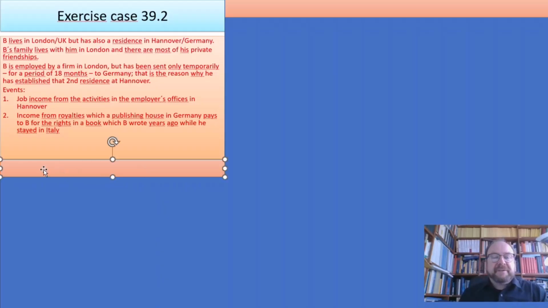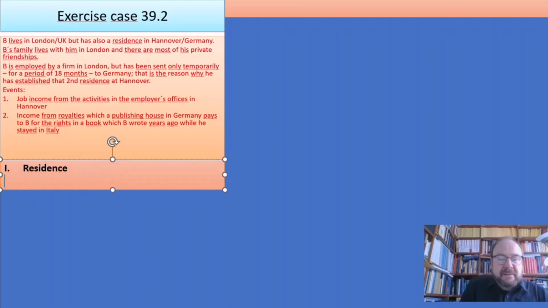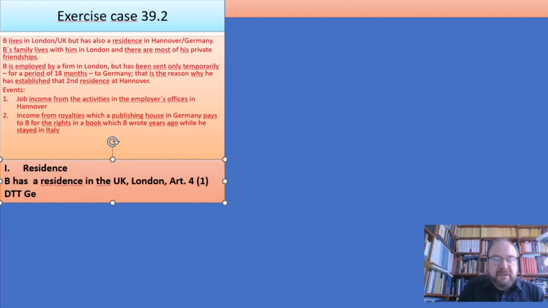So, the first part of our case will be again the residence, and B has a residence in the UK, London. Article 4.1 of the DTT Germany UK. You remember still that that applied.